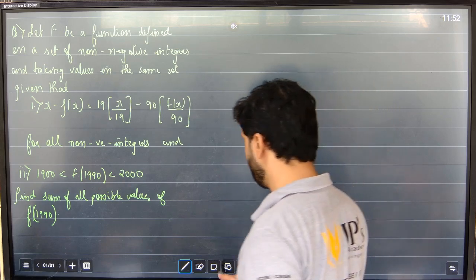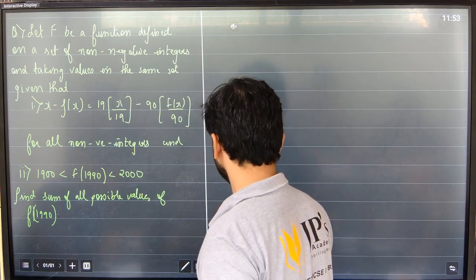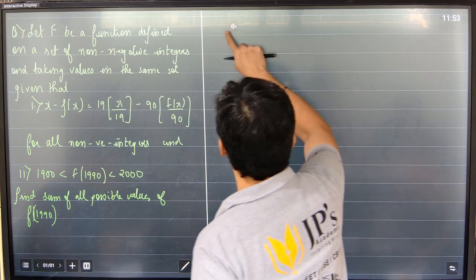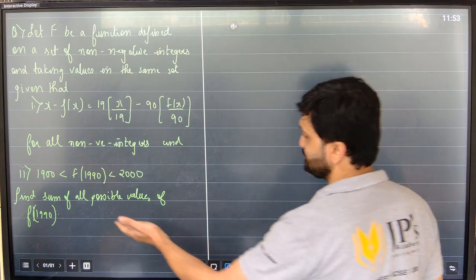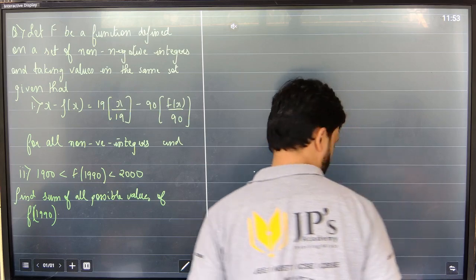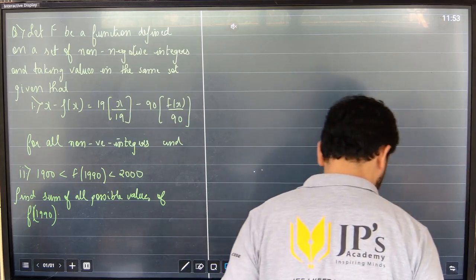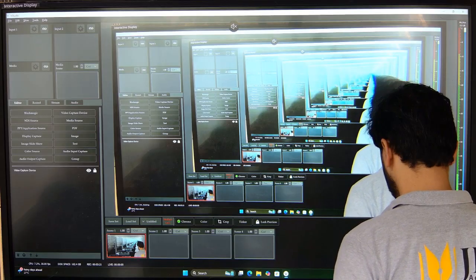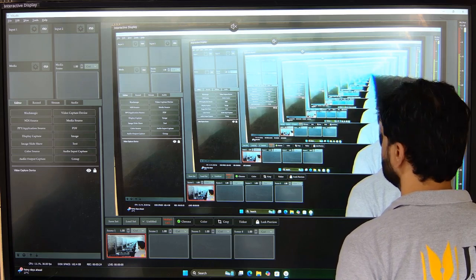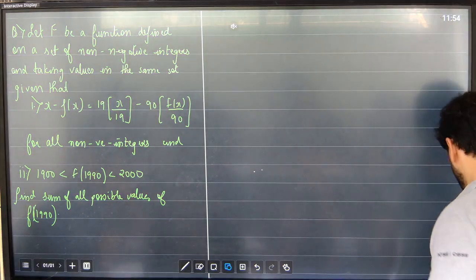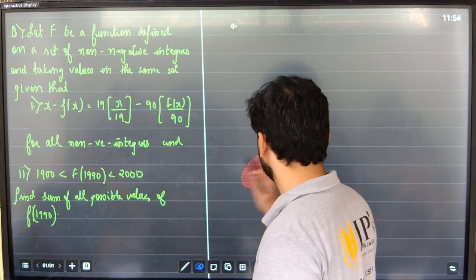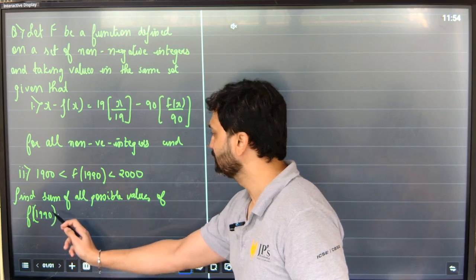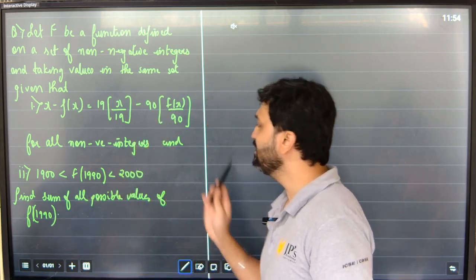Since this resembles f of x, and f of x has 90 below it, see what I'm going to do.